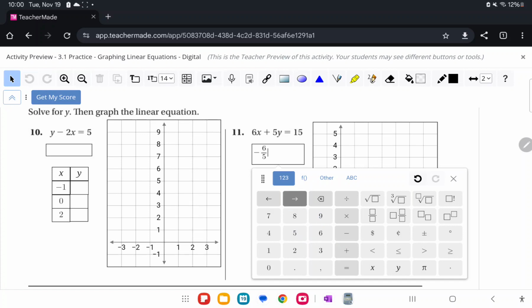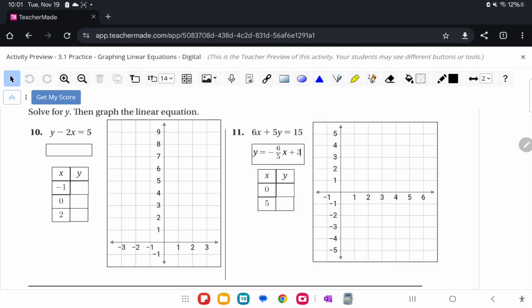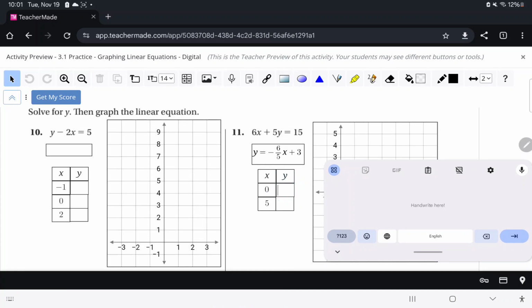Sorry, let me just start that over. In front of that, you need to have a y, and then you need to have an equals. And then you'll have y equals negative 6/5 x plus 3 goes right in that spot. And then in my table down here, there's a 3 that goes there, and then down here, there's a negative 3 that goes in there.